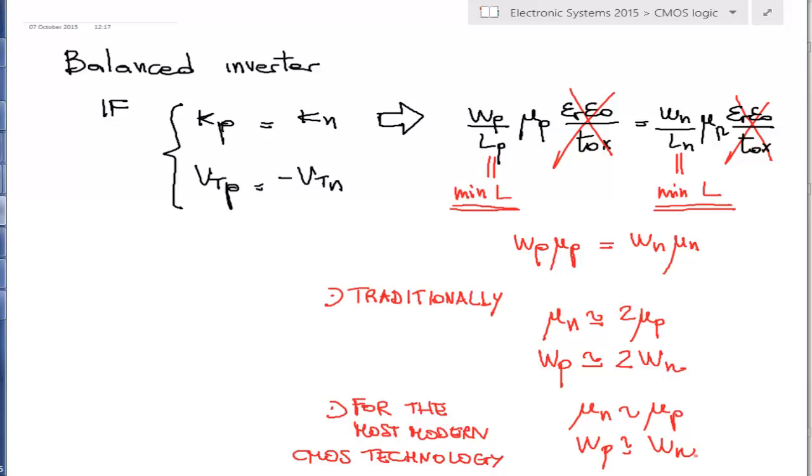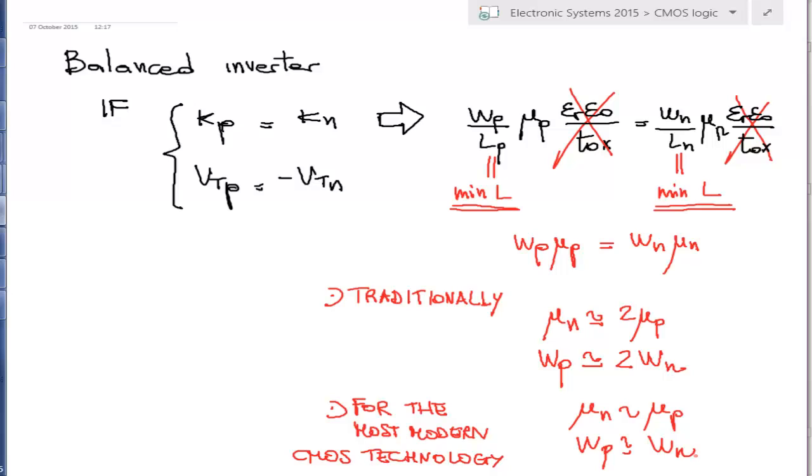This is a big improvement, because this means that you can make the NFET with the smallest possible width, and therefore also the PFET with the smallest possible width. And so the total area occupied by the logic can be smaller.